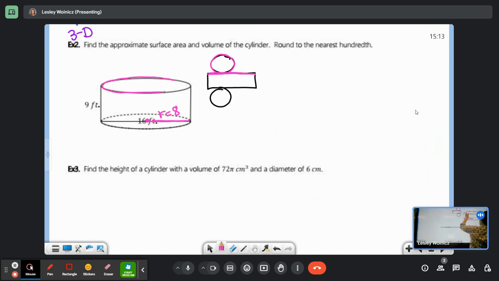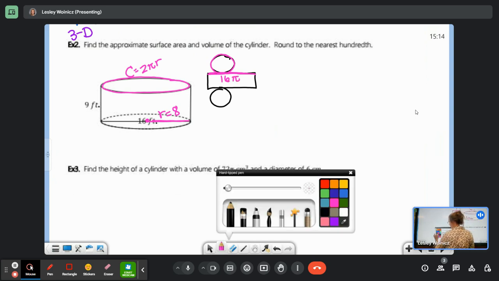Okay, remember that this is the circumference. This is 2 pi r. Okay, 16 what? Yeah. Okay. How tall is my cylinder?